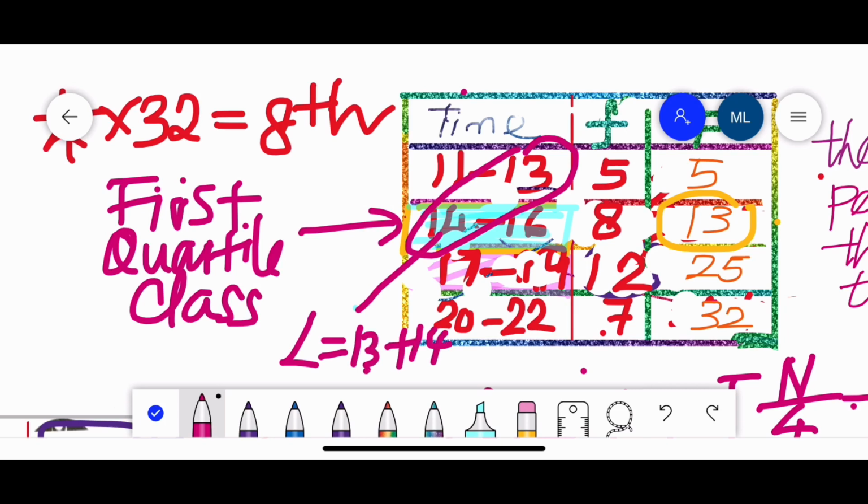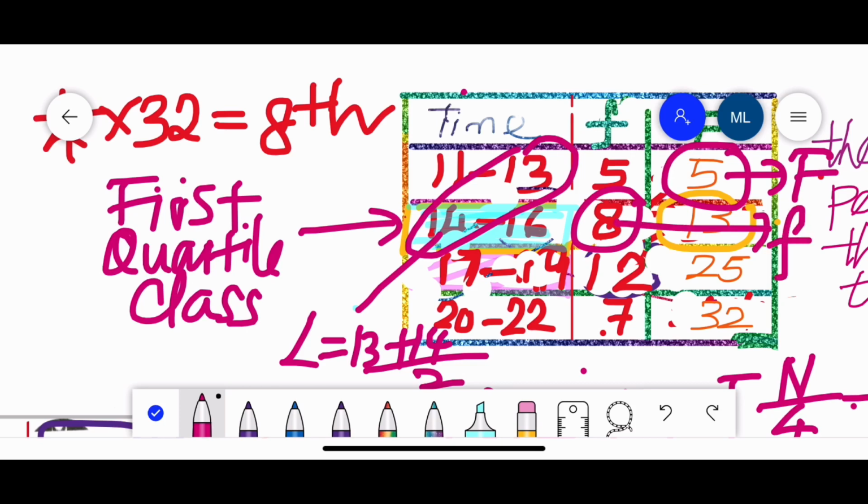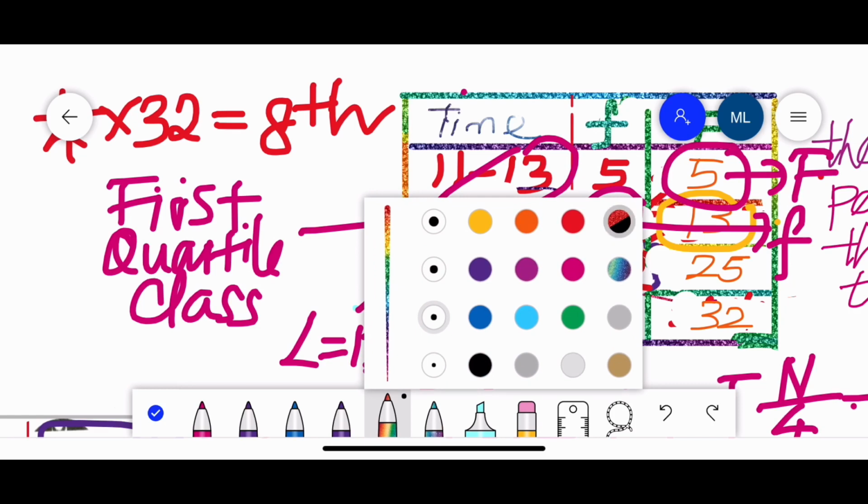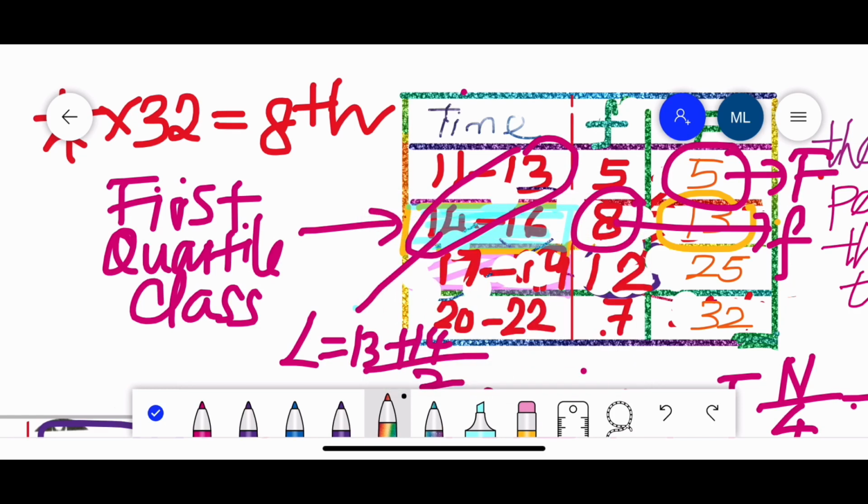That's called L, right? So we will have to find big F, which is the cumulative frequency before the class interval for the first quartile. So the big F is 5. Notice that it is before the blue color class interval, and the small f is 8.